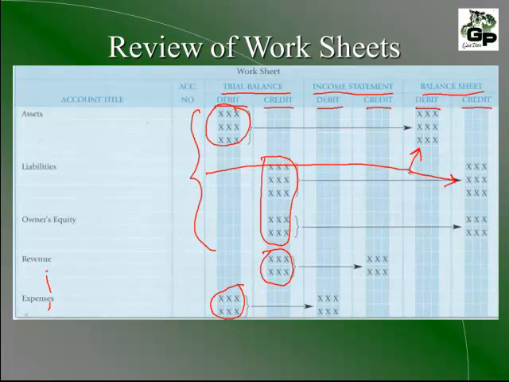So assets go on the debit side, liabilities and owner's equity go on the credit side. Revenue and expenses get transferred together to the appropriate columns on the income statement. So revenue goes to the credit side and expenses the debit side.